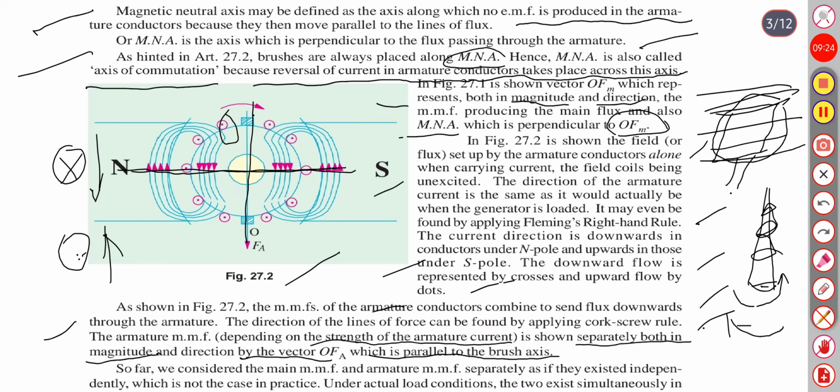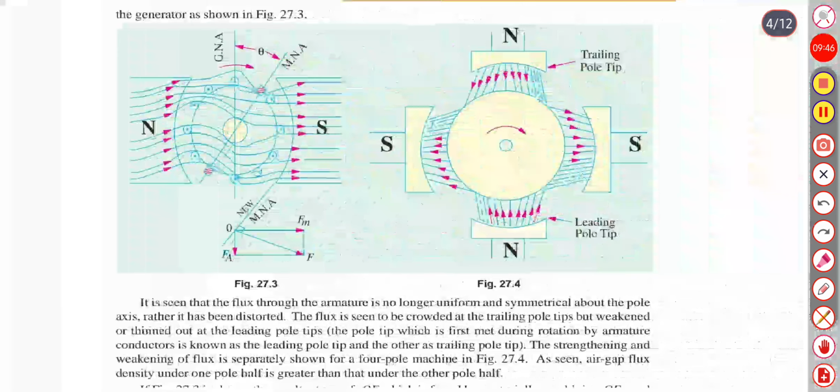So far, we considered the main MMF and armature MMF separately, as if they existed independently, which is not the case in practice. Under actual load conditions, the two exist simultaneously in the generator, as shown in figure 27.3.